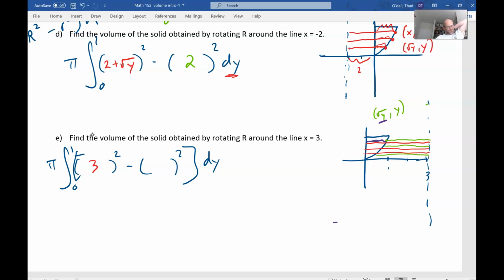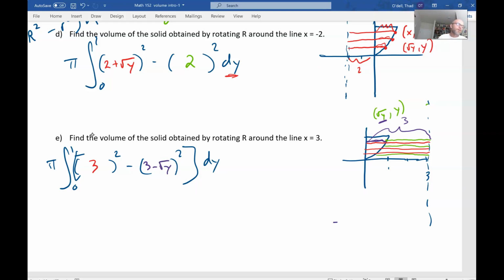Do you buy that? So I need to get the green distance knowing the purple distance. But I also know the total distance, don't I? The total distance, of course, is 3. So to get that little green distance, which I want, I'm going to go 3 minus the square root of y.